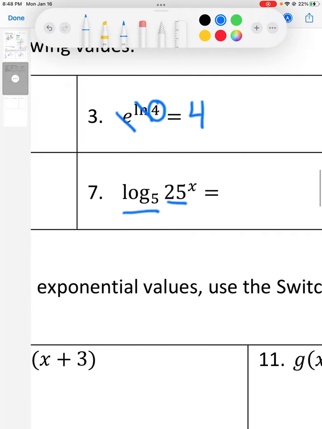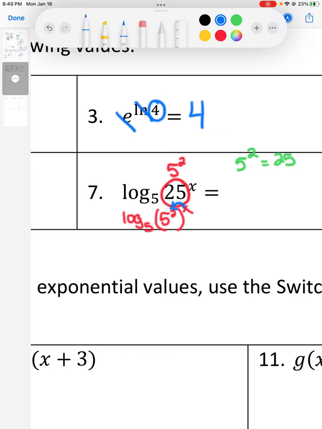Again, logarithm, exponent. Do they have the same base though? No, but can we make it so that they do have the same base? What's 5 squared equal? It equals 25. So what if we replaced this 25 with 5 squared? So I'd have log base 5 of 5 squared, raised to the x, and then what do I do with this x?